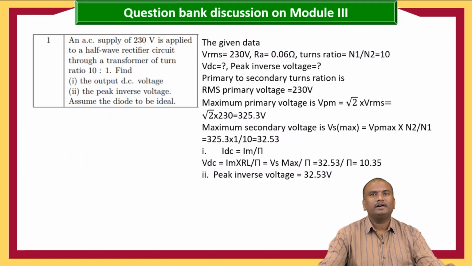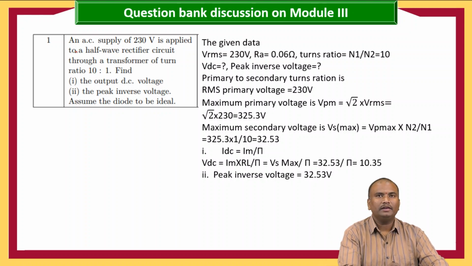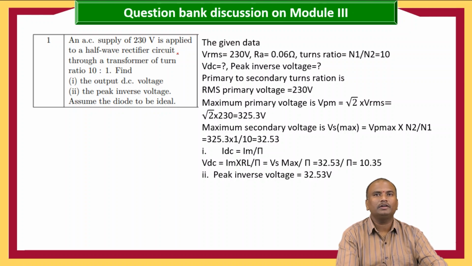Now these are the problems on diodes. An AC supply of 230 volts is applied to a half wave rectifier circuit through a transformer of turns ratio 10:1. Find the DC output voltage and peak inverse voltage.